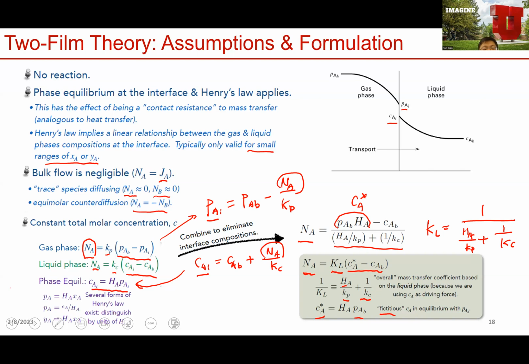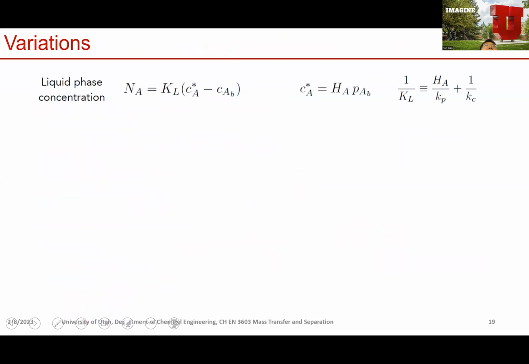There are several variations of this equation depending on the situation. If we compute the total flux using the liquid phase concentration, the functional form will look like this, where NA equals KL multiplied by the concentration difference, with CA star defined by this and KL defined by this.